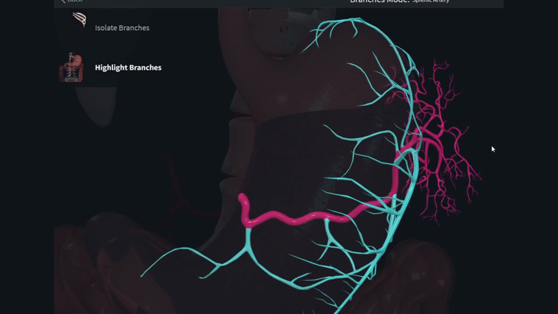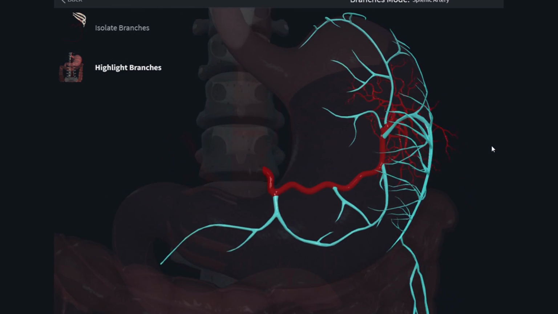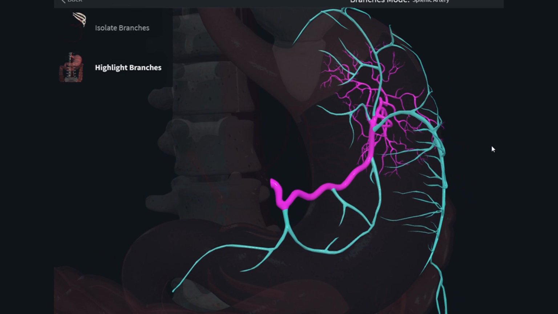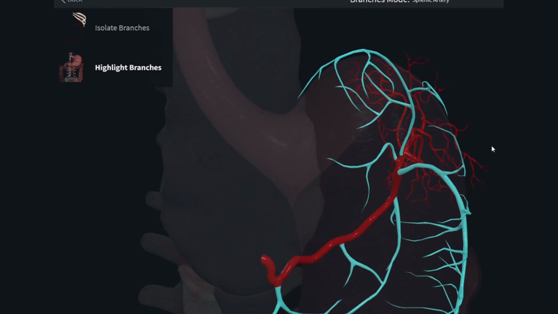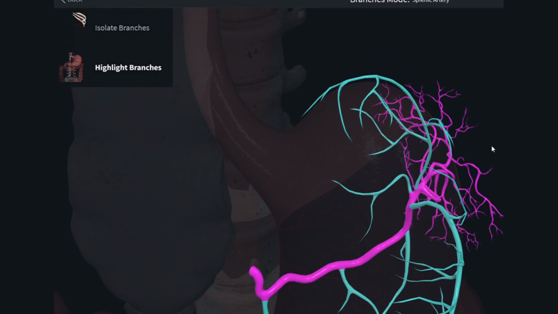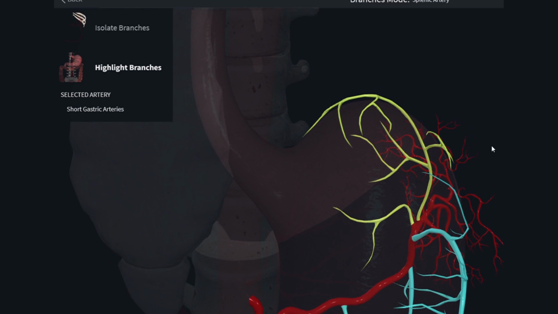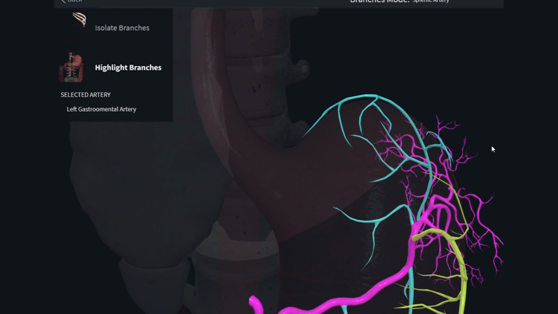Okay, so right there I have isolated the branches of the splenic artery. As you can see, we have one branch right here, and then we have the second branch right here, and the third branch right here. So let us observe the first branch. The first branch is also known as the short gastric arterial branch. Then we have the other branch known as the gastroepiploic branch right here.